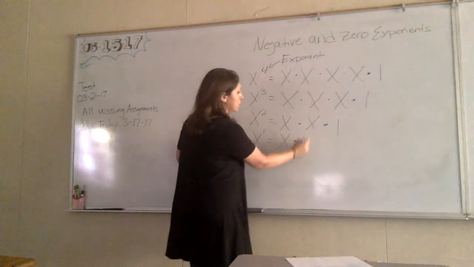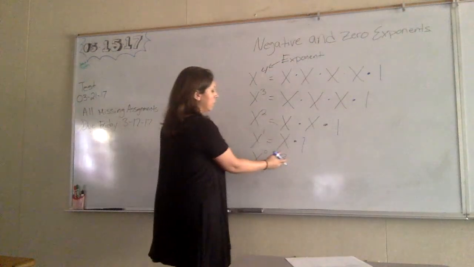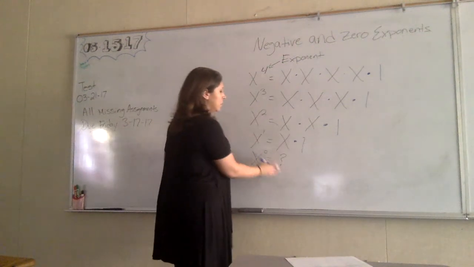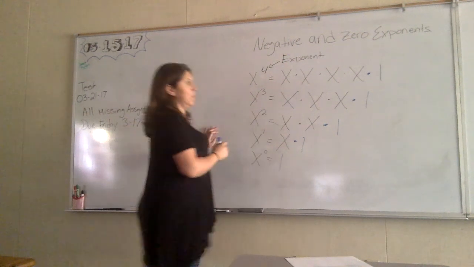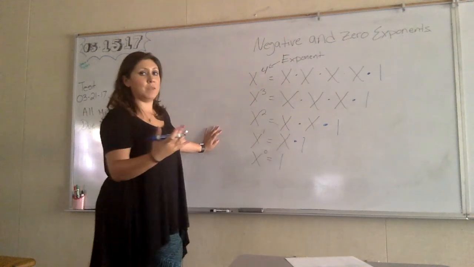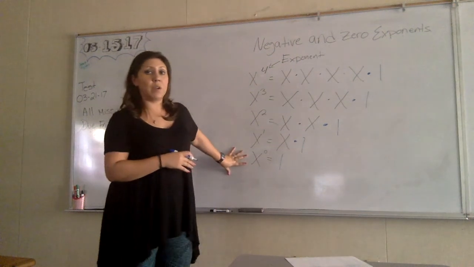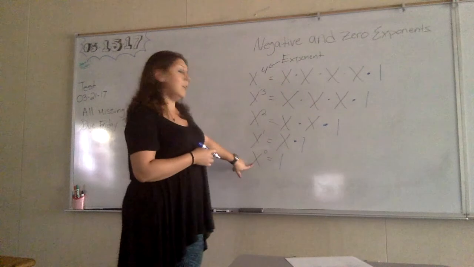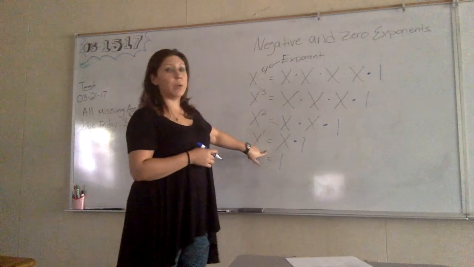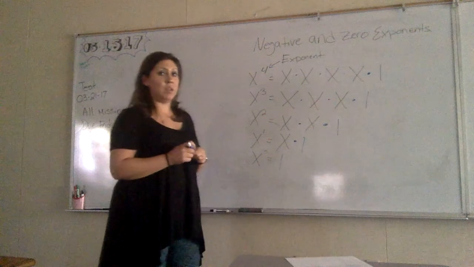If we follow that pattern, then the answer to x to the 0 would also be 1. That is the main idea for this lesson: any number could be a variable, a whole number, a fraction, or a decimal. Any number to the 0 power is going to give me 1.